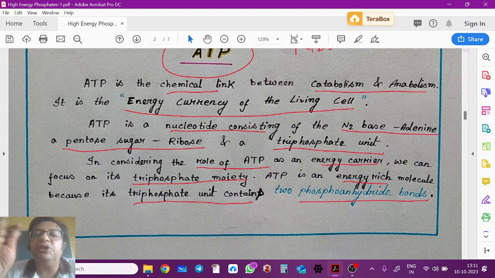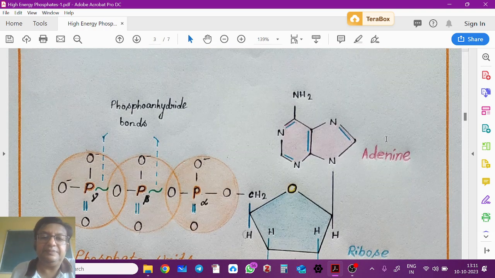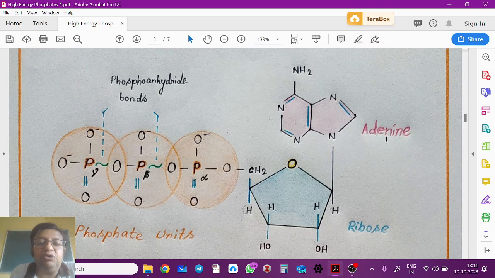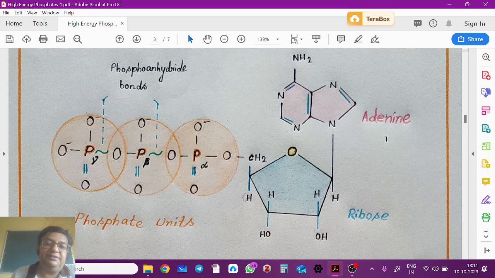We will see what a phosphoanhydride bond is. So on the next page, go to the picture drawn by Uma, not a photo, it's a sketch. Very nicely drawn. On the top right, you can see NH2, that is the nitrogenous base adenine.